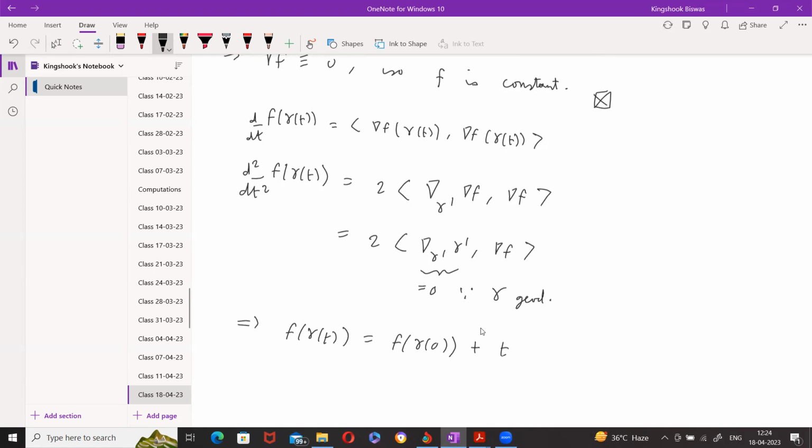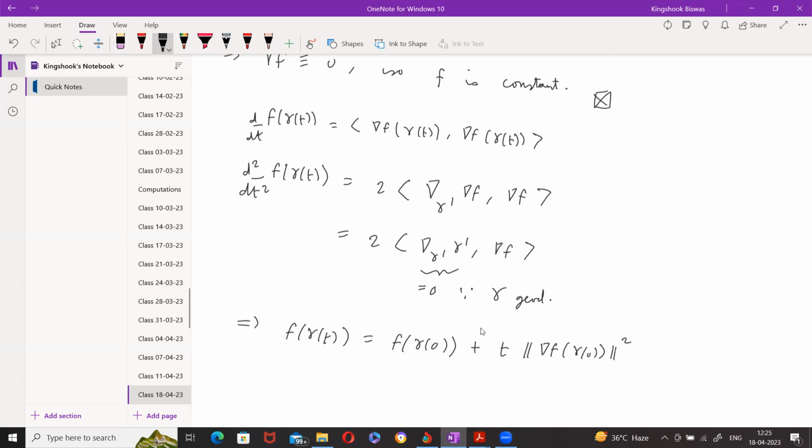The first derivative is the norm of grad f at gamma 0, whole squared. So this tends to plus infinity unless this is 0. Therefore this is 0.